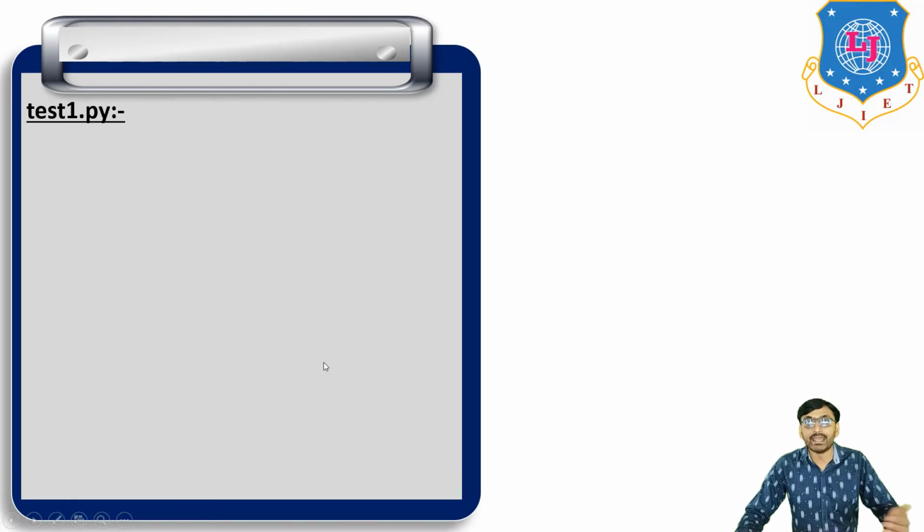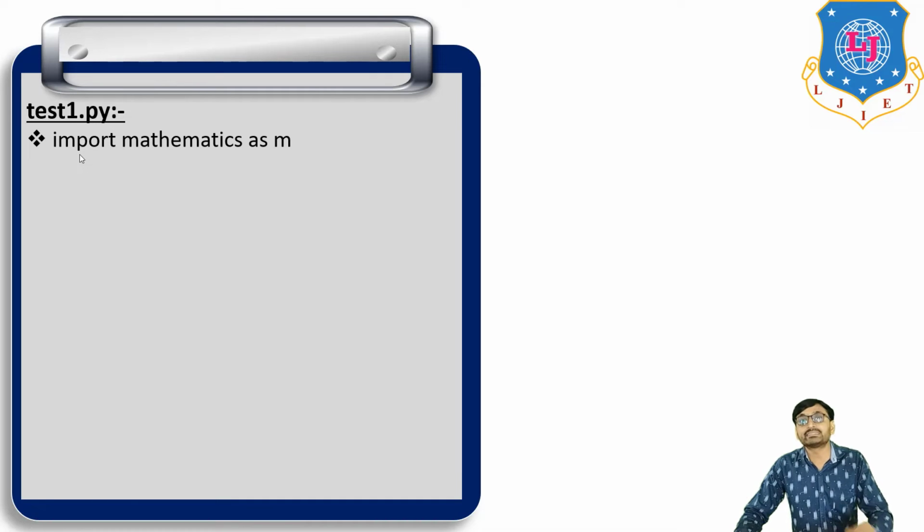So the next module is test1.py. In this module, first import mathematics as m. So we import the mathematics module but as m. So m is the alias name of the mathematics module and now we use m instead of mathematics.